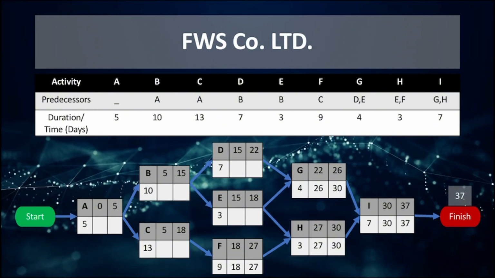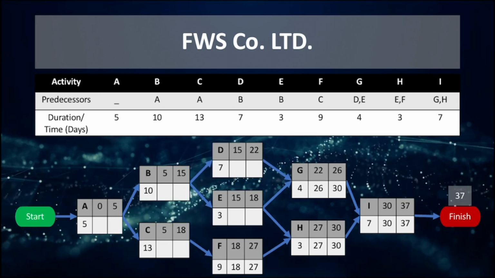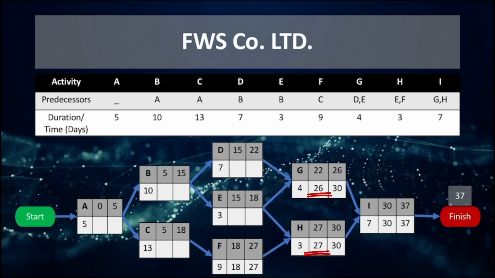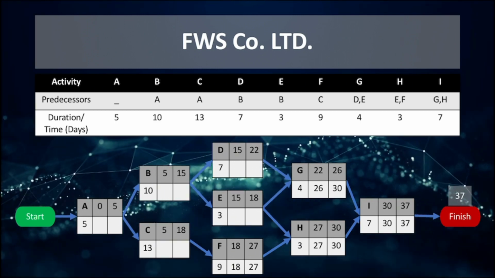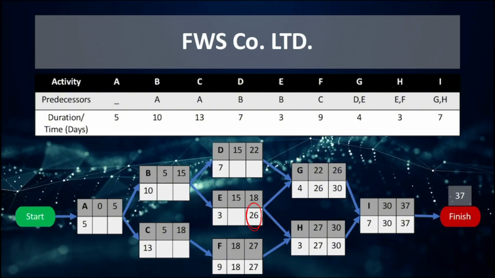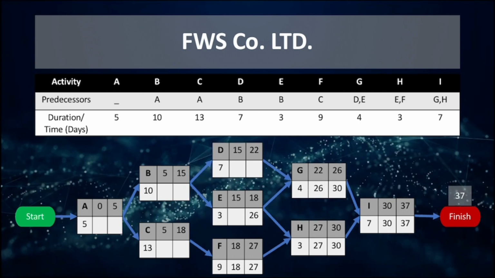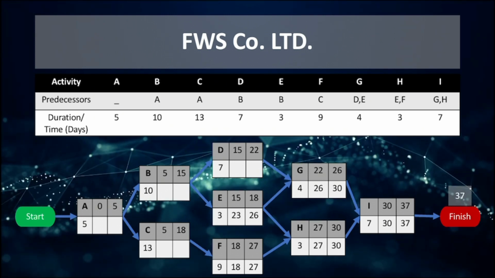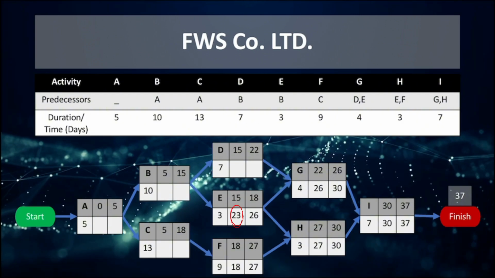E has two successors, G and H. The latest start times of G and H are 26 and 27. Since the minimum latest start time between G and H is 26, the latest finish time of E would be 26, and the latest start time will be 26 subtracted by the activity time of 3, which is equal to 23.